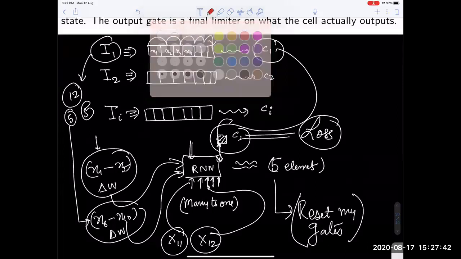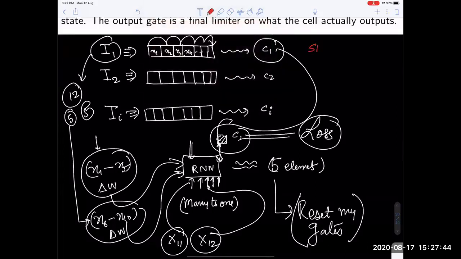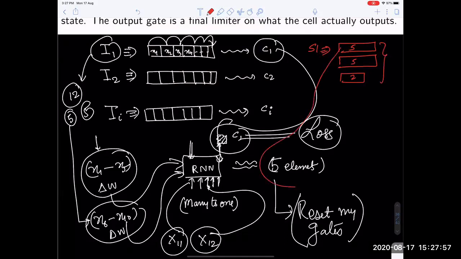So what I have said is that you were probably getting confused by the fact that one sentence may have 5 things, then the next 5 things, and then 2 things. This 5 and 2 division is made so that the RNN unit is only unrolling for 5 elements. After 5 elements I backpropagate, and after the last 2 elements I have got a class.